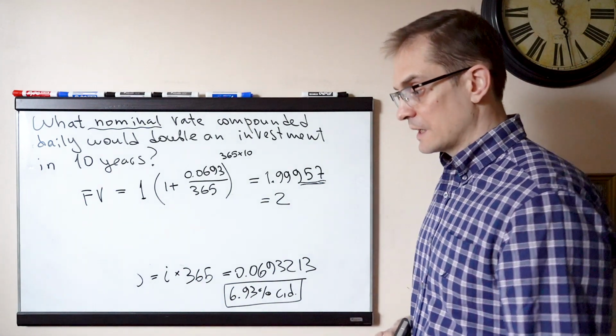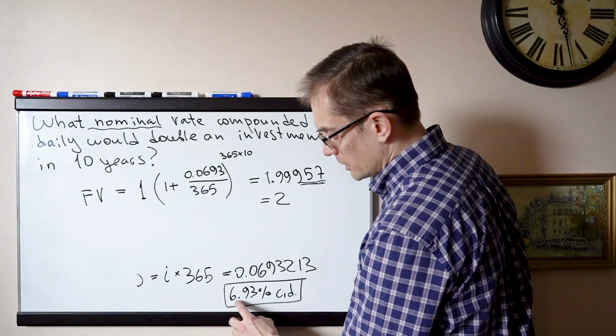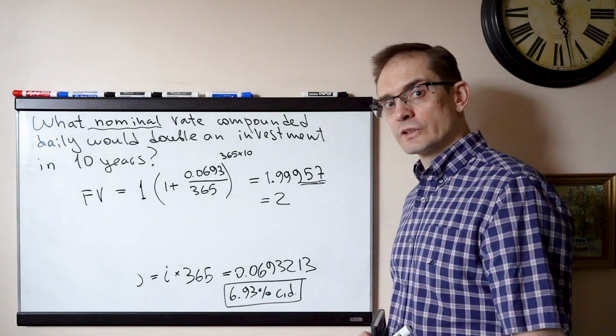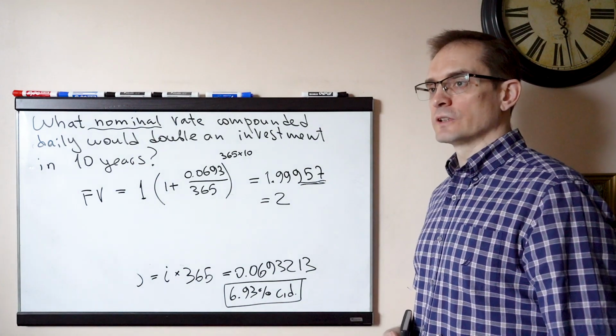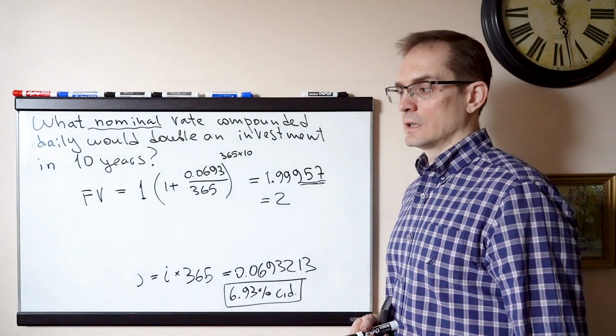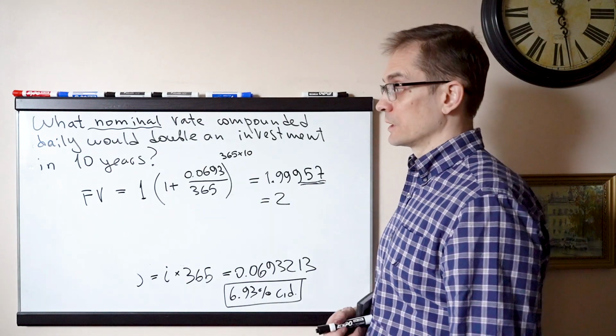So just keep as many decimals as possible, and then when you give your answer, usually you would round to 2 decimals, but sometimes the problem will say 4 decimals, and you will round to 4 decimals and so on. Always look at how the problem is phrased in terms of what rounding the problem requests.